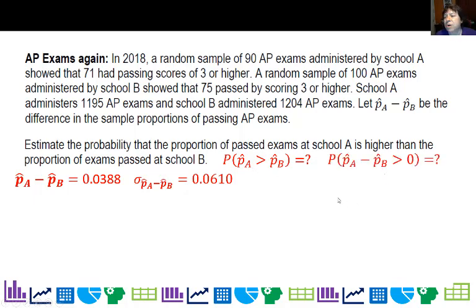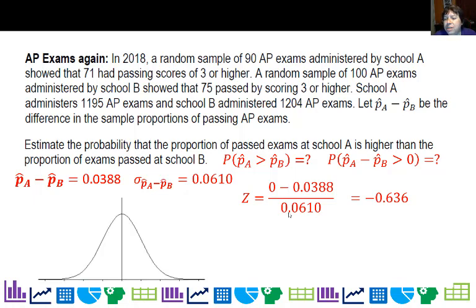So my z-score, if this difference is greater than 0, then School A had a higher proportion of passing exams. So for my z-score, I'm going to use 0 minus the estimated difference over the standard deviation. And I get a z-score of negative 0.636, which leads to this picture.